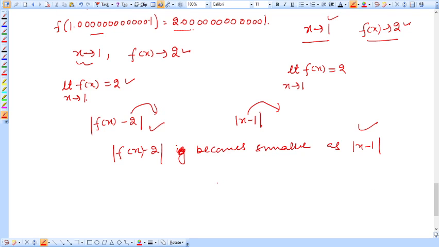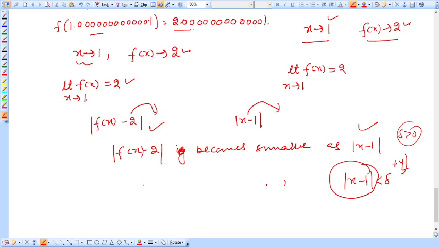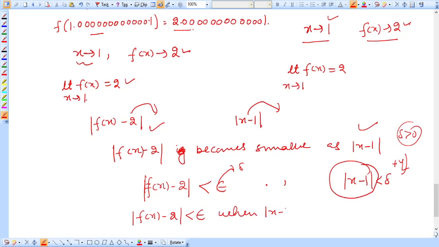So in alternate form we can write it as: if x minus 1 is less than delta, some positive number, that is delta is greater than 0, so we have taken a neighborhood, then in this neighborhood this difference must also be smaller than some other positive number, which depends upon delta. Or alternatively we can say f of x minus 2 is less than epsilon when x minus 1 is less than some delta.